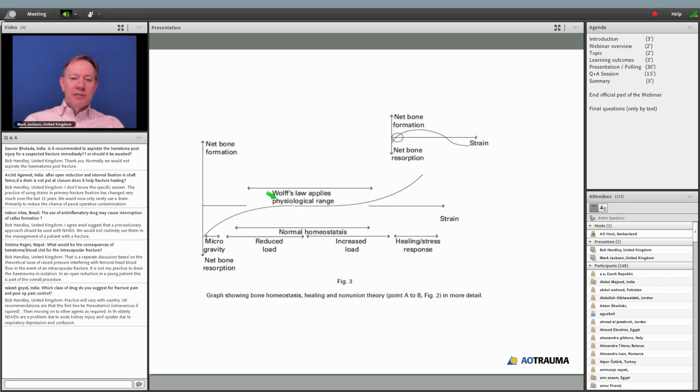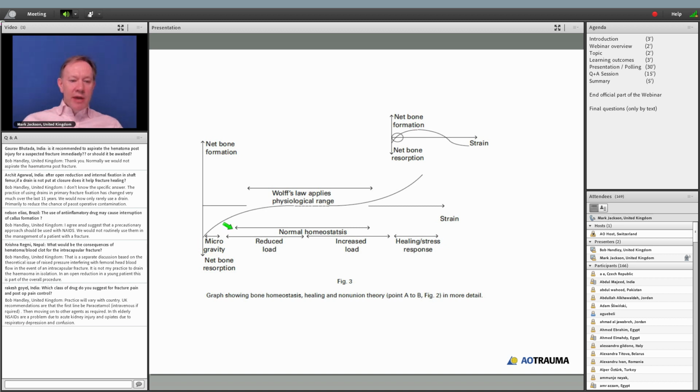And if we take out this part of the graph, so this big graph is this section between A and B. And this is the section that bone operates under normal physiological conditions. So this is within the strain bone window here, where Wolff's law is applying.